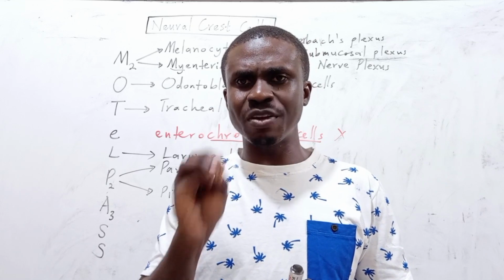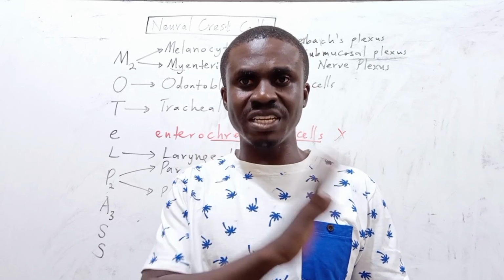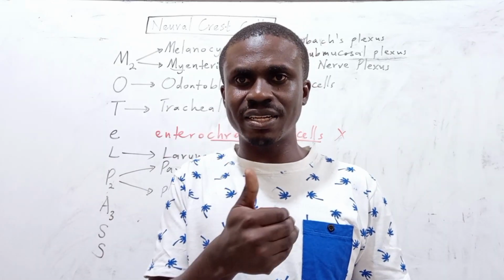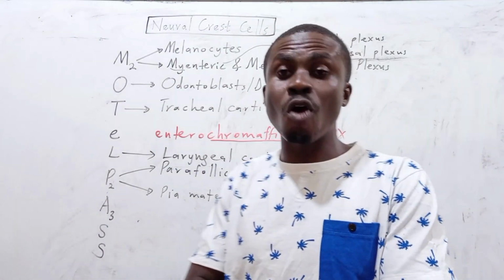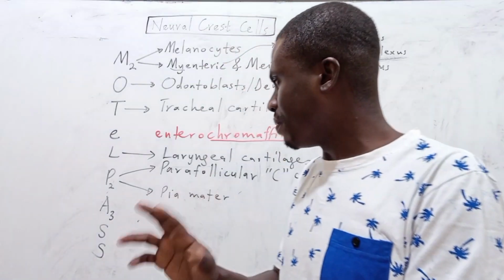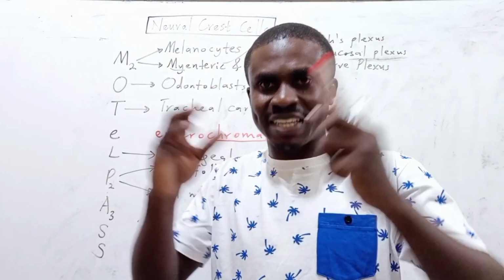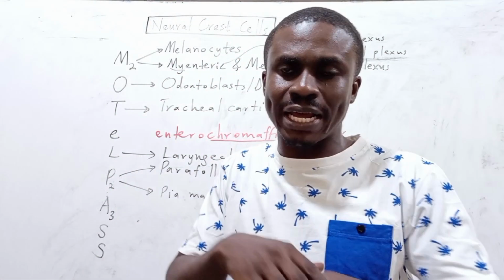Whenever we talk about important thyroid hormones, we are talking about T3, triiodothyronine, and T4, tetraiodothyronine, commonly called thyroxine. They are produced by the normal epithelial cells which form the follicles of the thyroid gland.